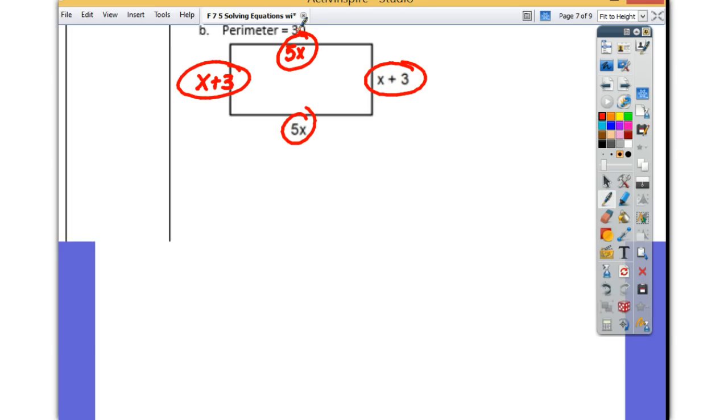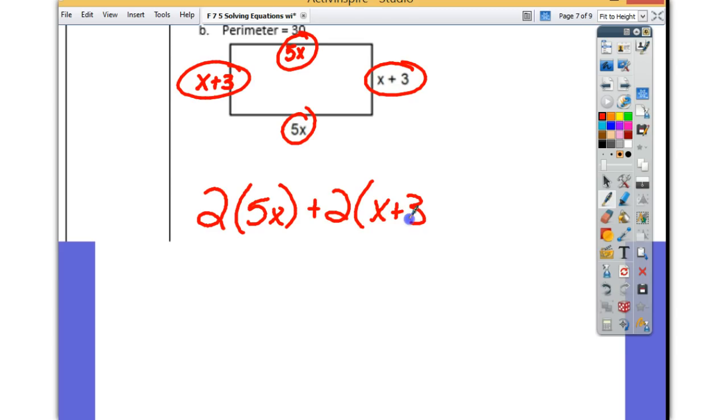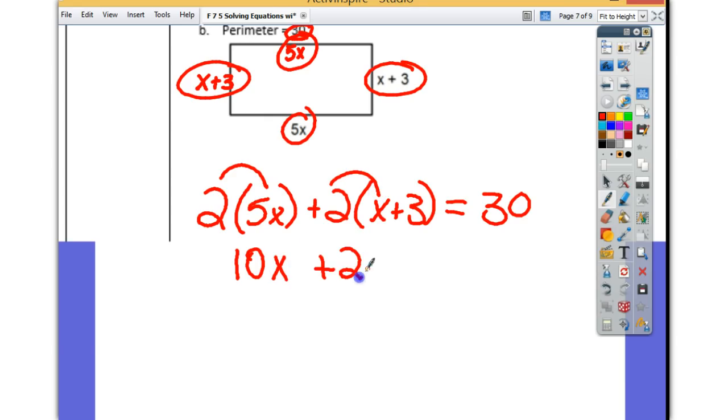You can do that, or you can do the formula, 2 times the length, plus 2 times the width, and that equals, they're saying 30, we'll end up getting the same answer. What is 2 times 5x? 10x, good. 2 times x, 2x. 2 times 3 equals 30.